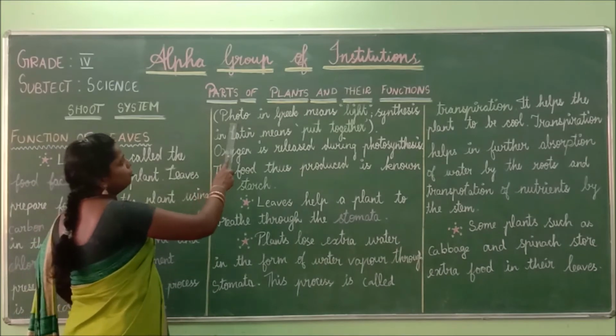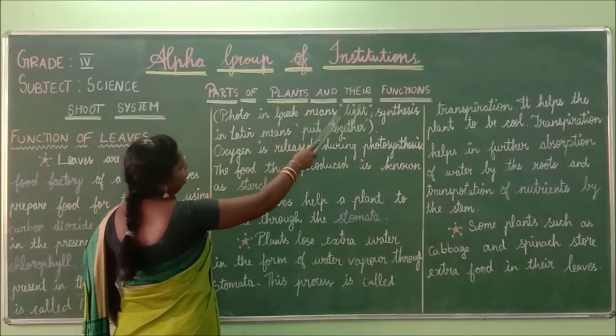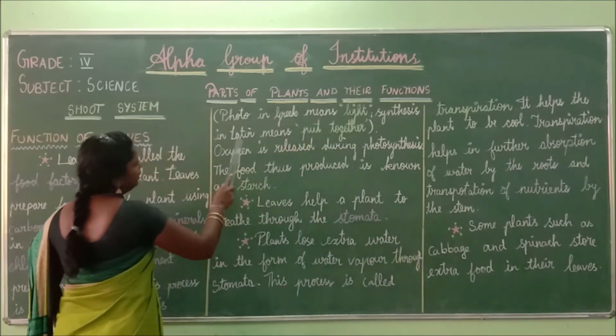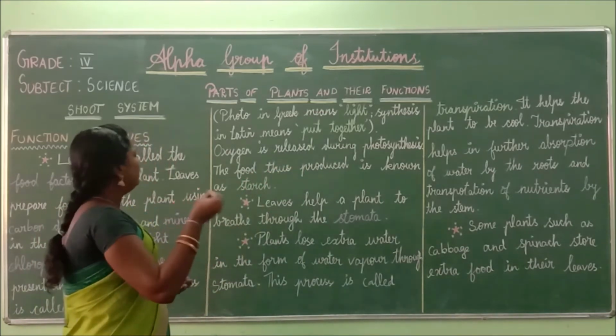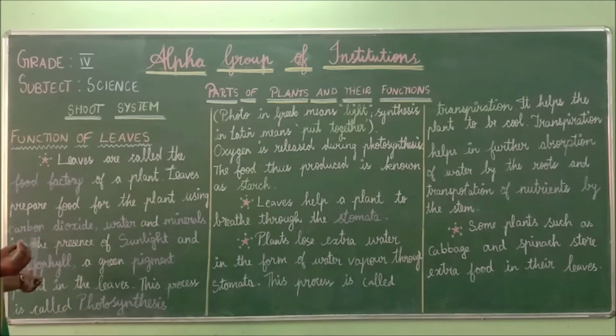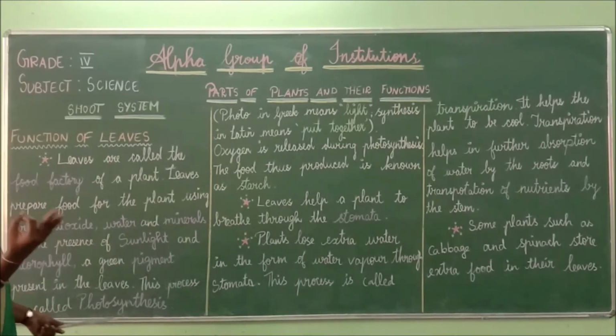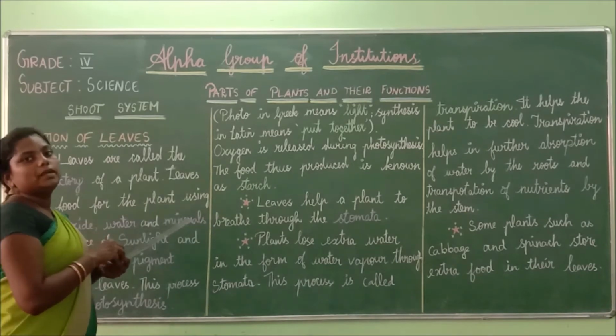So photo in Greek means light. Synthesis in Latin means put together. With the help of light, all these things, carbon dioxide, water, minerals, are put together and they prepare their food.